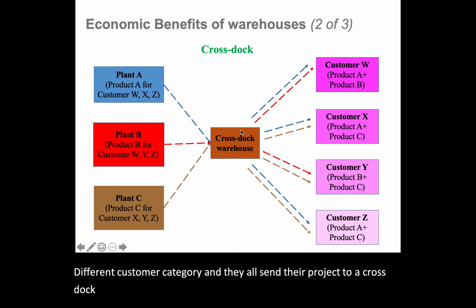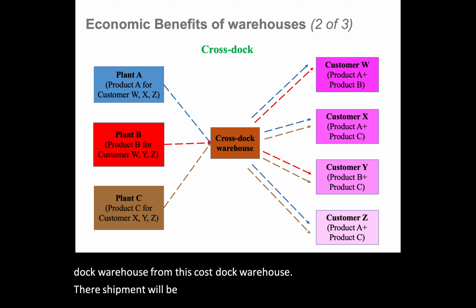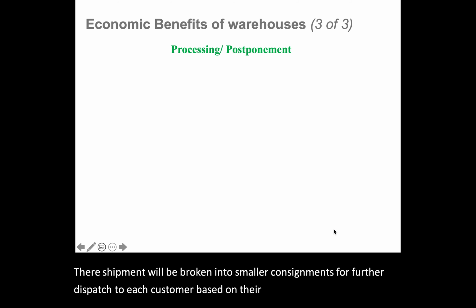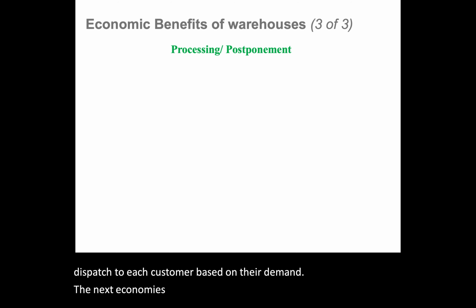And from this cross-dock warehouse, their shipment will be broken into smaller consignments for further dispatch to each customer based on their demand. The next economic benefit of a warehouse is processing or postponement.